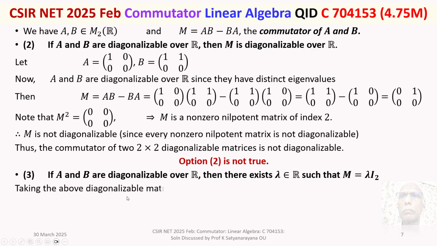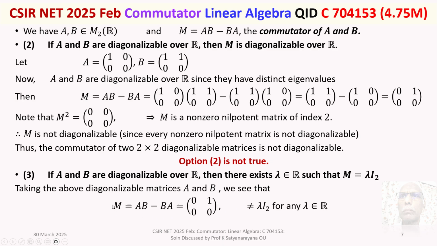Taking the above diagonalizable matrices A and B, we see that the commutator of A and B, M is equal to AB minus BA, is 0, 1, 0, 0, which is not equal to lambda times I2 for any lambda belonging to R. Therefore, option 3 is also not true.